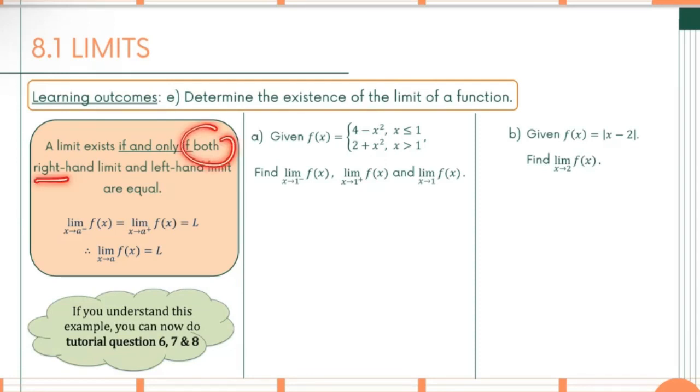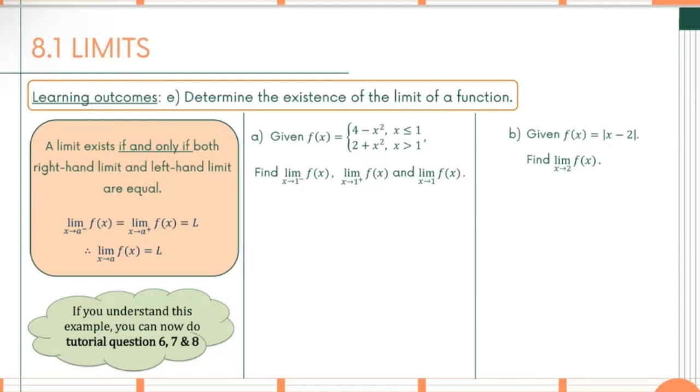Both right hand limit and the left hand limit are equal. So kalau kita dapat a from the left, value yang sama dengan a from the right, and apakah value dia? Kedua-duanya adalah L. So maksudnya limit dia exist dan the value of the limit adalah L itself.